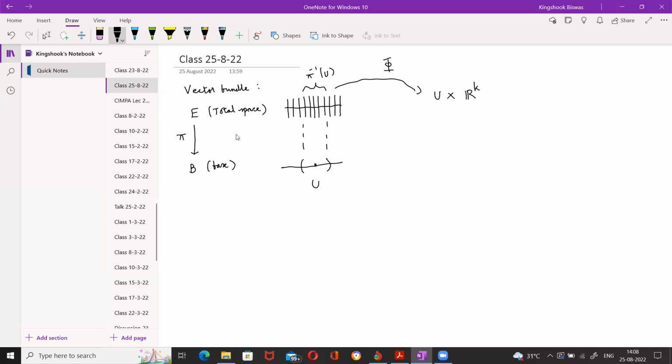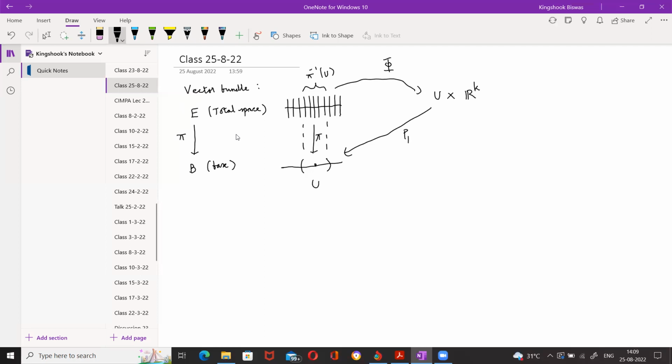such that if I take the projection onto the first coordinate, let me call that P1, which maps U cross R^k onto U, and here I have the projection pi from pi inverse U to U, then this diagram commutes.